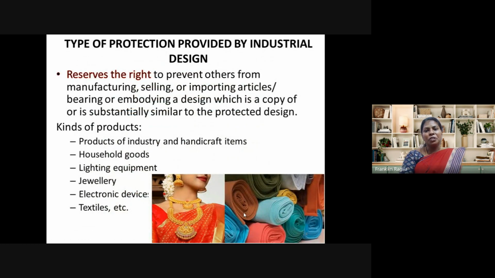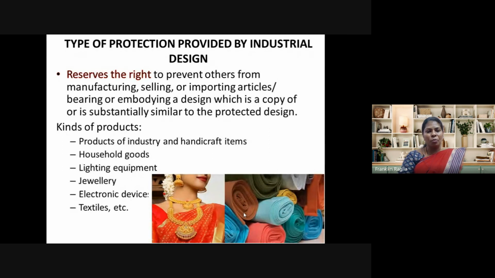And the type of protection provided by industrial designs. So what are the protections you will get when you go for industrial design? It reserves the right to prevent others from manufacturing. So no one can manufacture, sell, import, or bear or embody a design for which you have gone for industrial design.